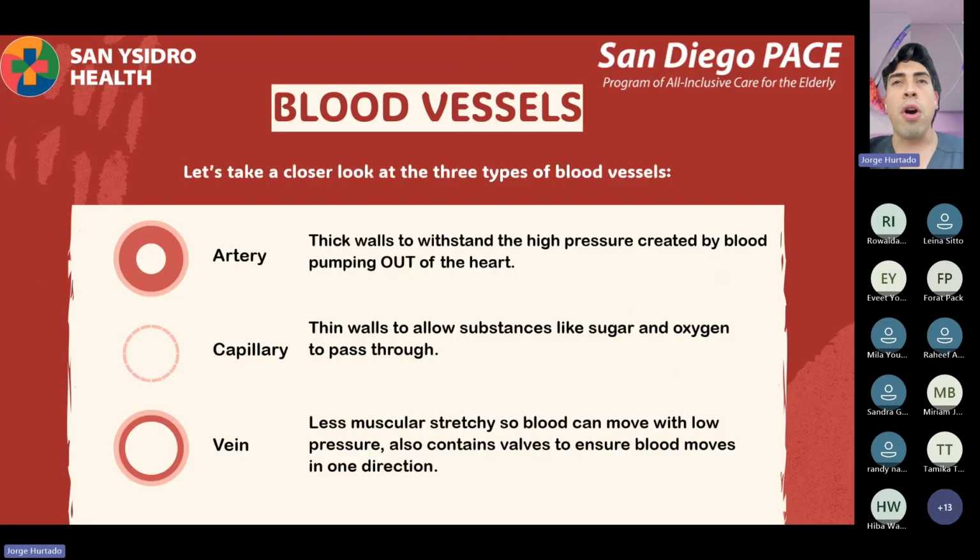Now, an artery. These are the thickest blood vessels in our pipe system. These are the ones that come out of the heart. These are the ones that the heart is pushing the blood into. So it only makes sense that they're thicker, right? If the heart is pushing this blood with so much enthusiasm, it only makes sense that these have to be thicker.